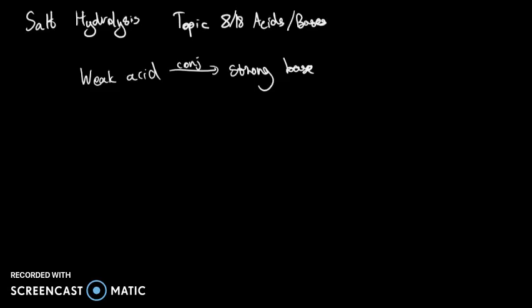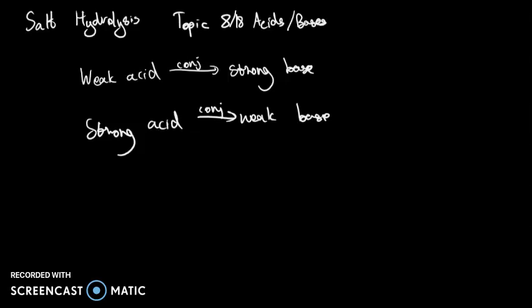So when you look at conjugates in terms of acids and bases, they're always going to be a weak and strong pairing. So if you have a strong acid, its conjugate will be a weak base. Similarly, if you have a weak base, the conjugate will be a strong acid. If you have a strong base, the conjugate will be a weak acid.